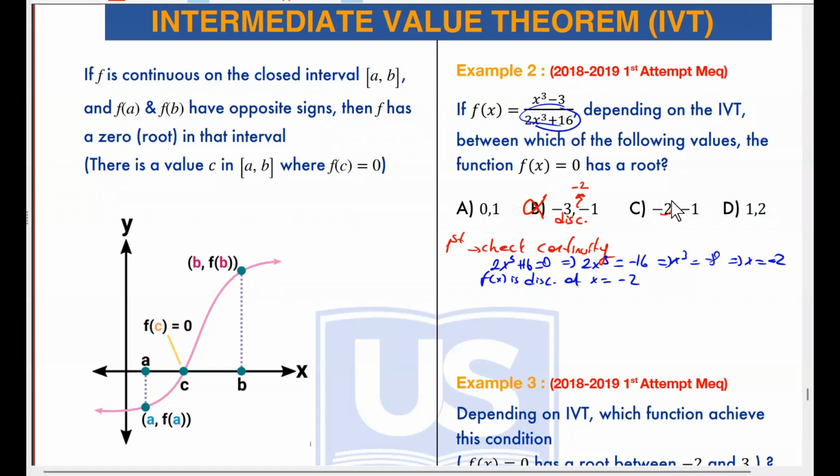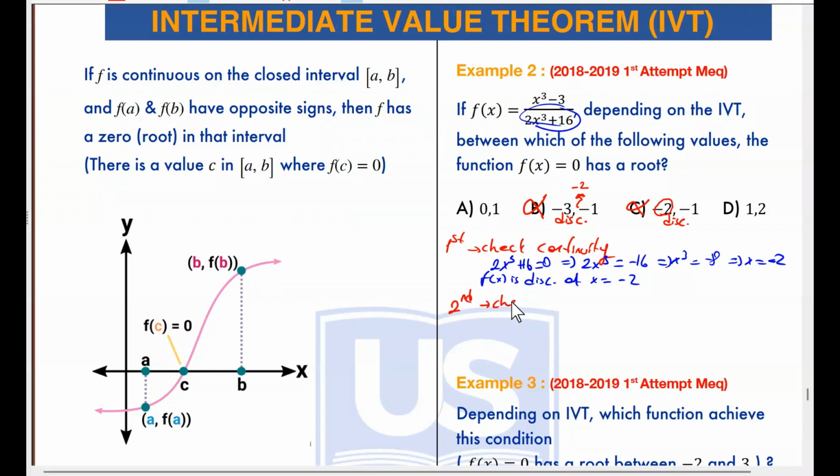Yes, there is negative 2. So the function is discontinuous over that interval. Our answer cannot be C. Option D, there is no negative 2. So I am done checking continuity. I am done with the first step. I eliminated two options. Let's proceed to the second step.